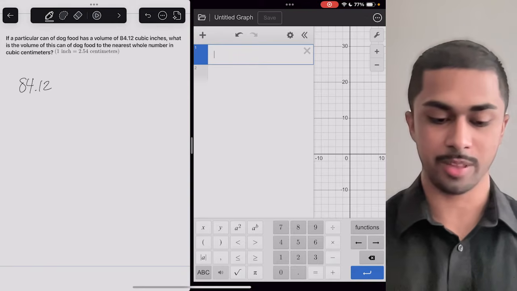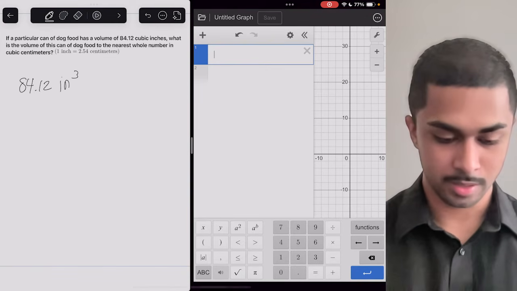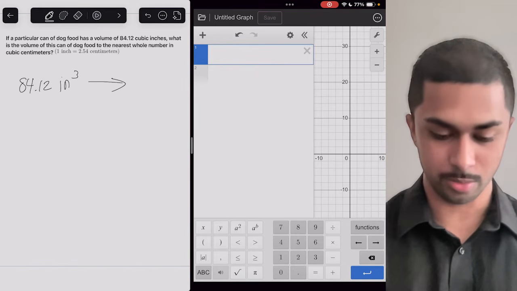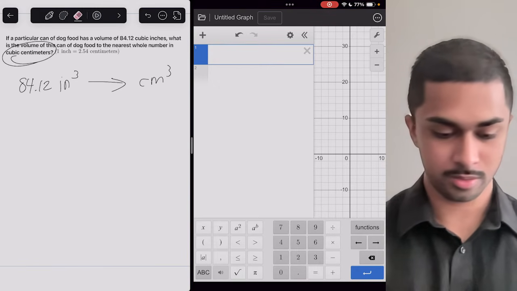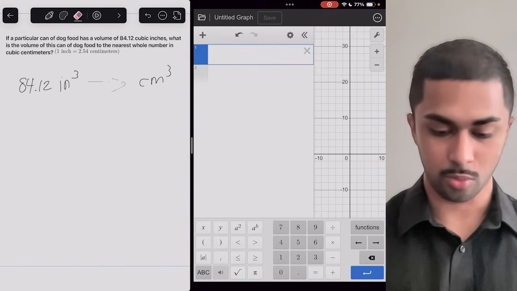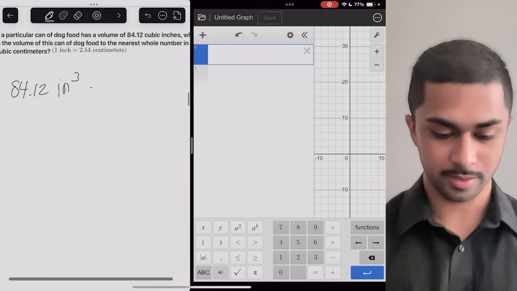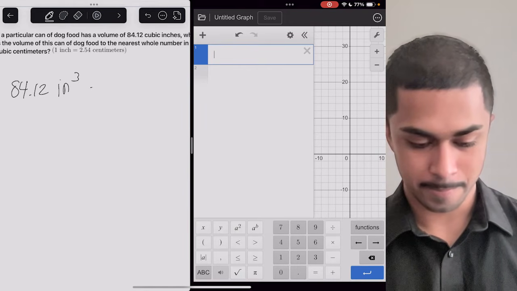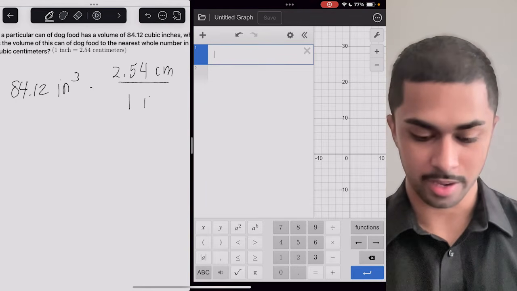Cubic inches is the same thing as inches cubed, the same exact thing. Now, since we want to convert this inches cubed into centimeters cubed, all we need to do is multiply 2.54 centimeters over 1 inch.